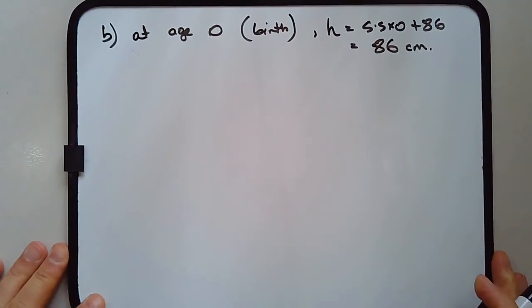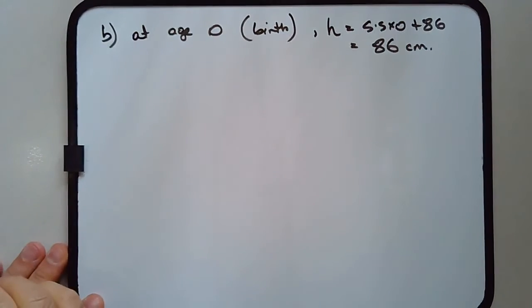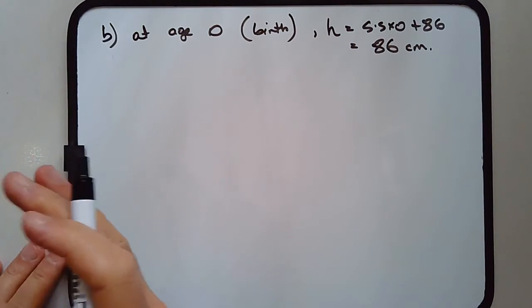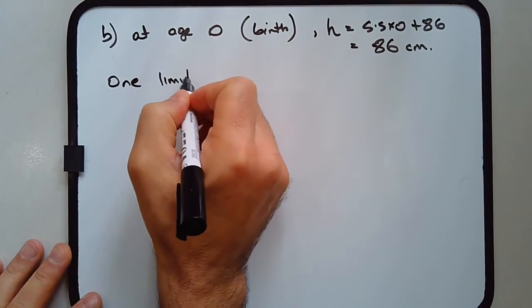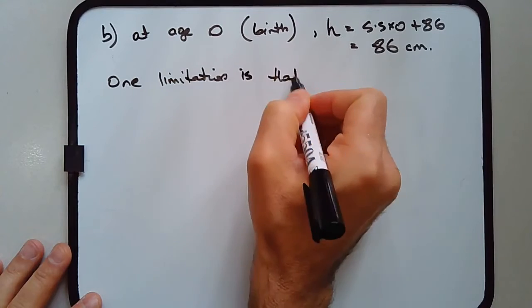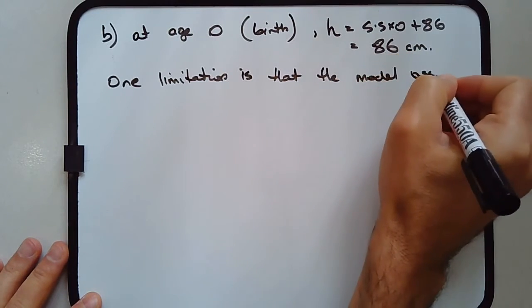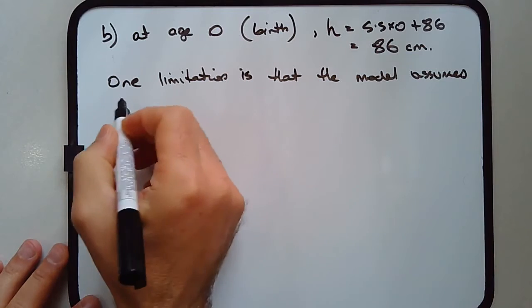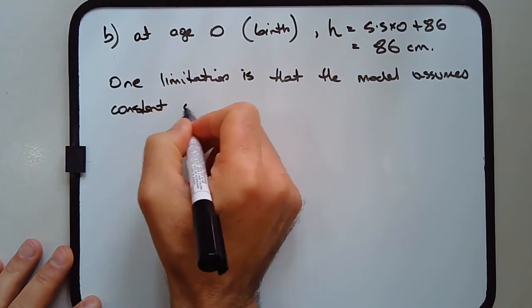So that's close to a meter. So clearly we have a limitation to this model. This assumes that everyone is growing at exactly the same rate throughout their entire life. So one limitation is that the model assumes constant growth throughout the entire life.